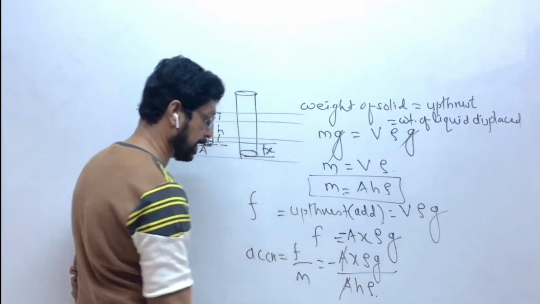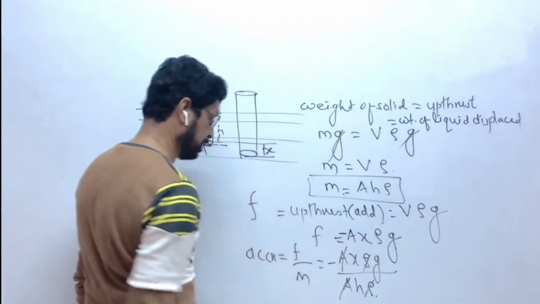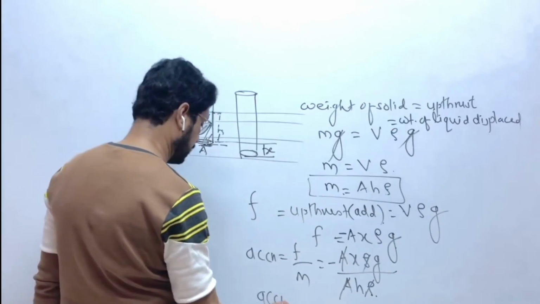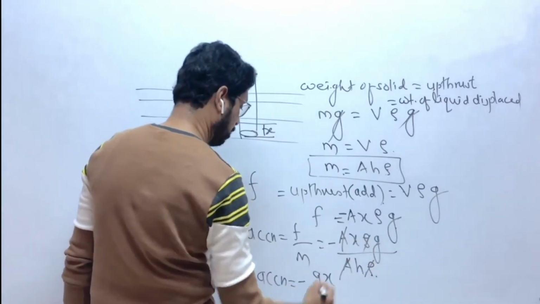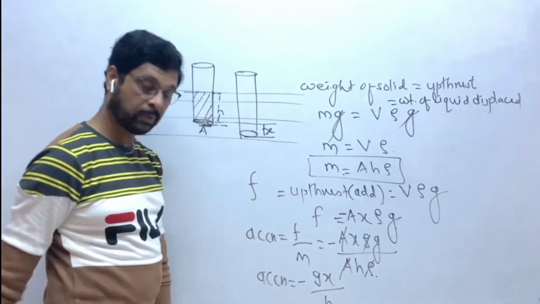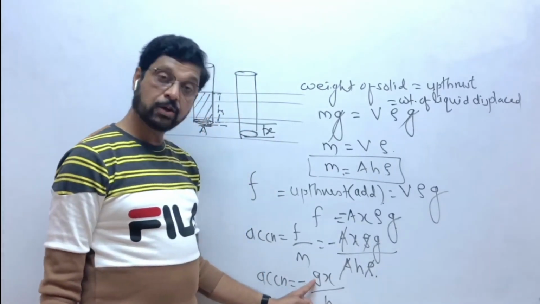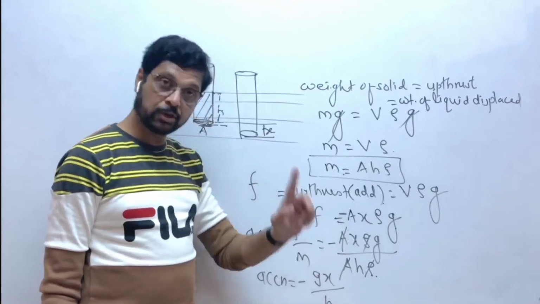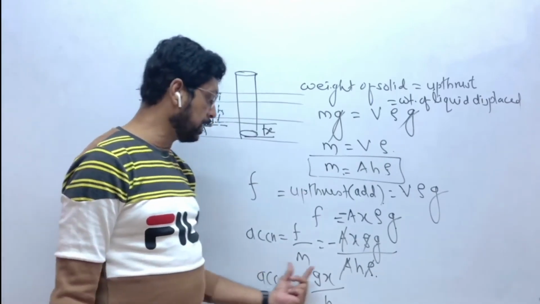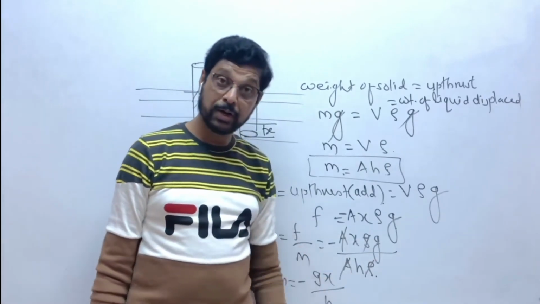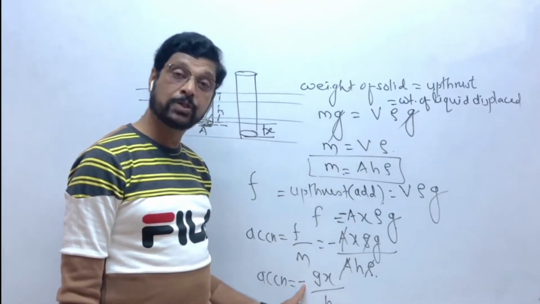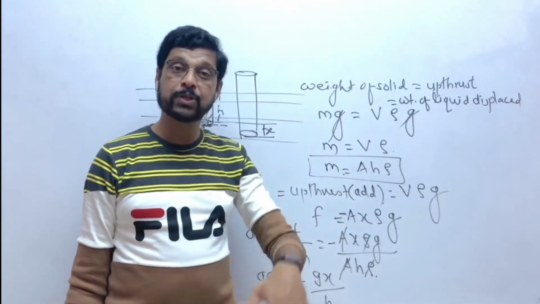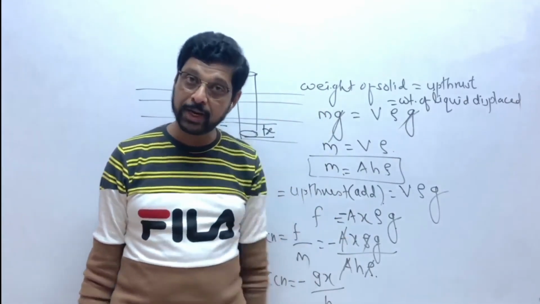This A gets cancelled, rho gets cancelled. So acceleration is minus g x by h. g is a constant, h is a constant, which means acceleration is directly proportional to displacement, and it is in the direction opposite to displacement, which means the motion is simple harmonic motion.